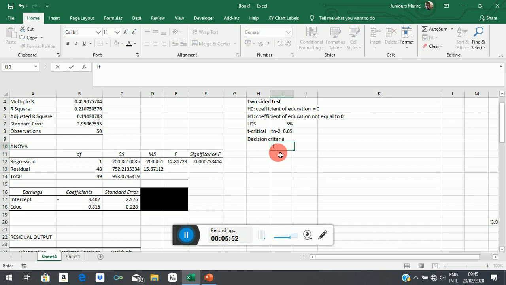Now, if T observed is greater than T critical, or less than minus T critical, reject H naught.